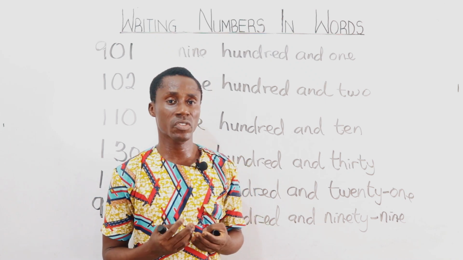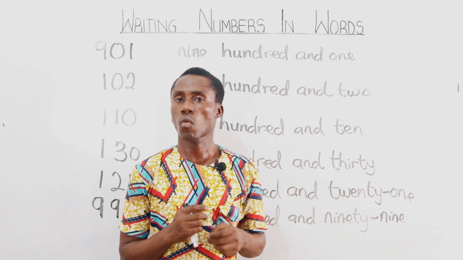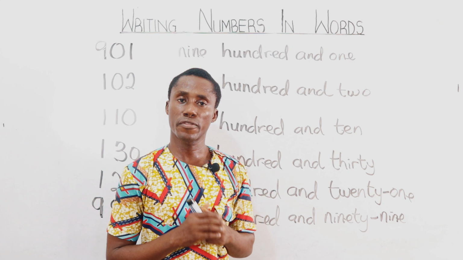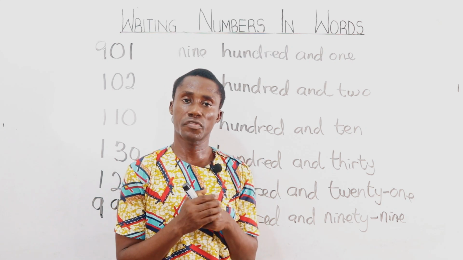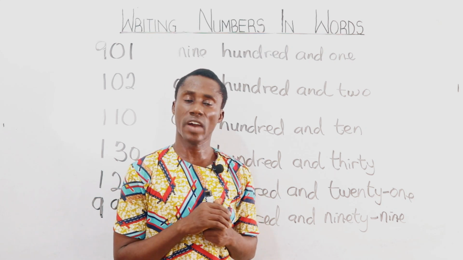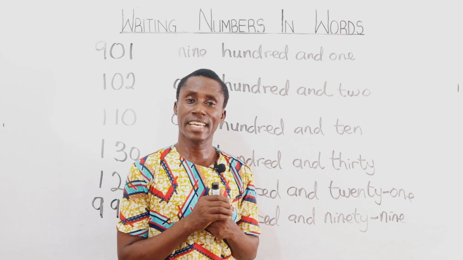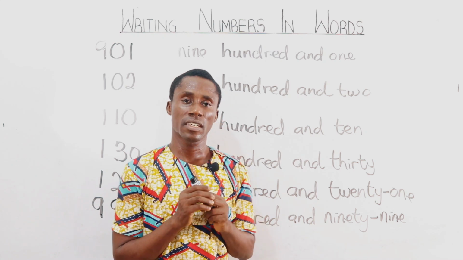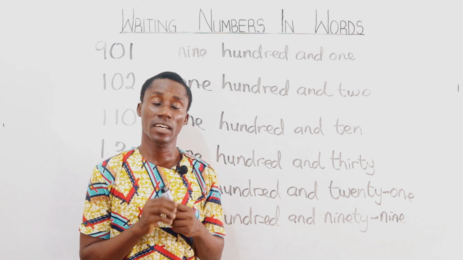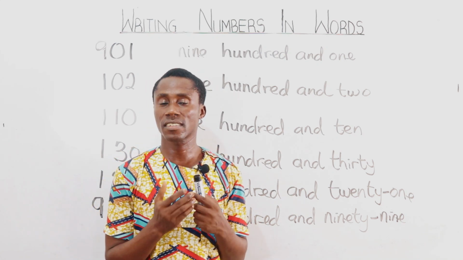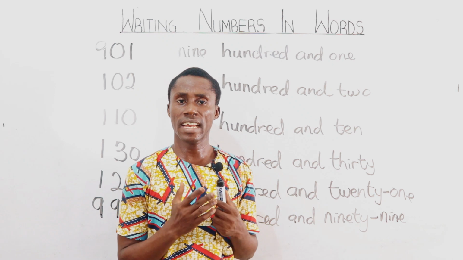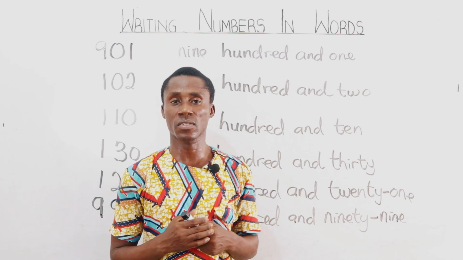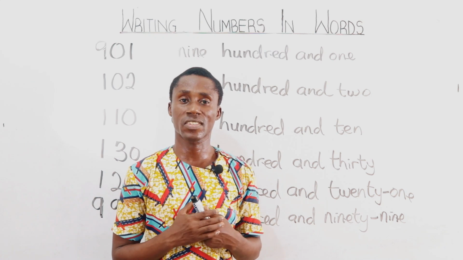And the thousands are 1,000, 2,000, 3,000, 4,000, 5,000, 6,000, 7,000, 8,000, and 9,000. Let's see how to write the thousands using words.